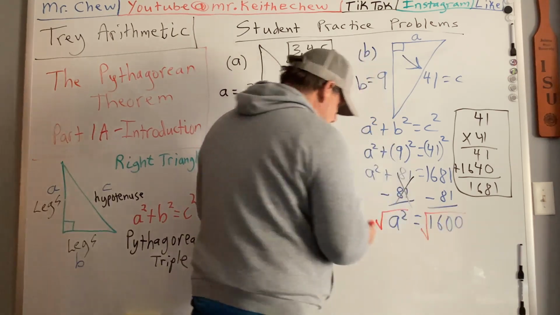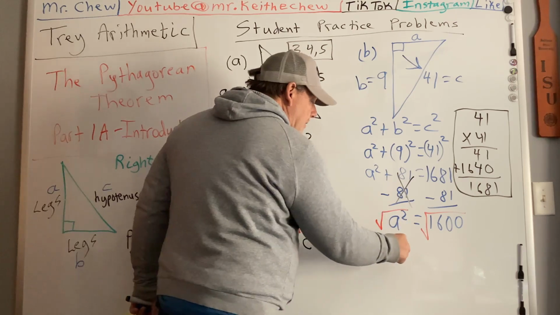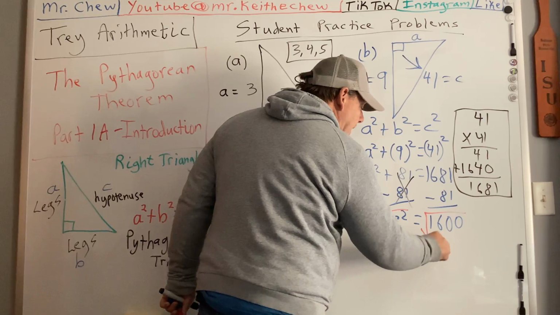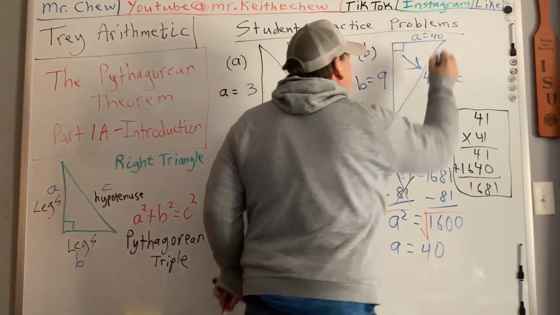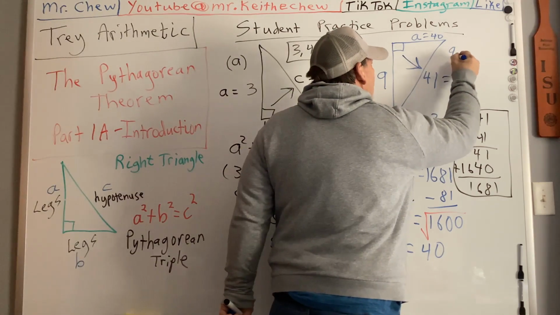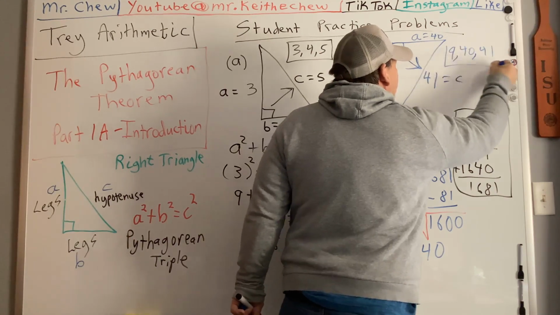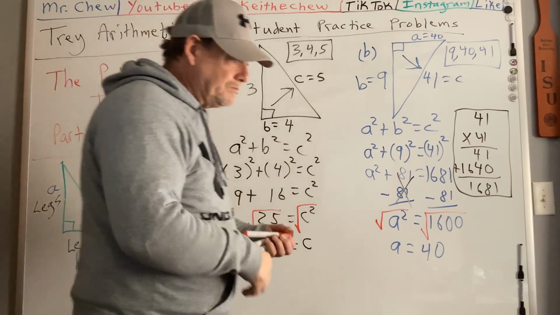Square root of 1600. What do you multiply by itself to get a squared? a. What do you multiply by itself to get 1600? 40. So I can say that this equals 40. And now I have another Pythagorean triple since they are all integers. And that's the way they would say a 9, 40, 41 will always be a right triangle.